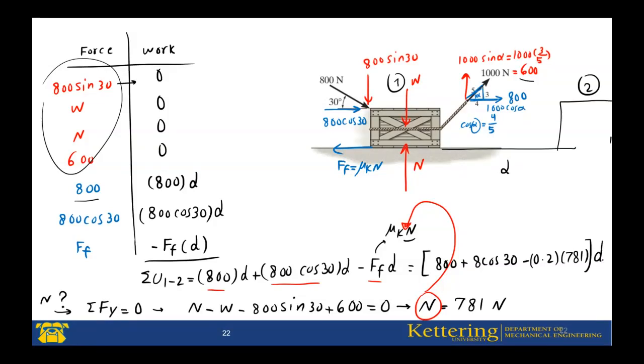All of the brackets are multiplied by D. If you calculate this, it is approximately 1336, multiplied by D.